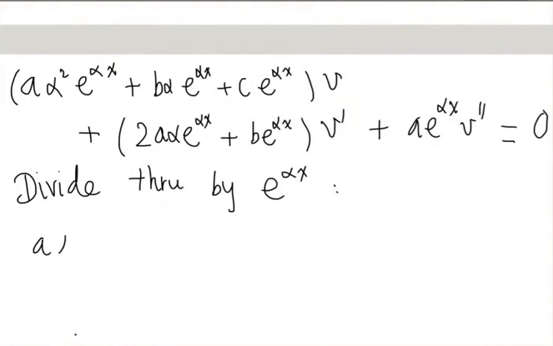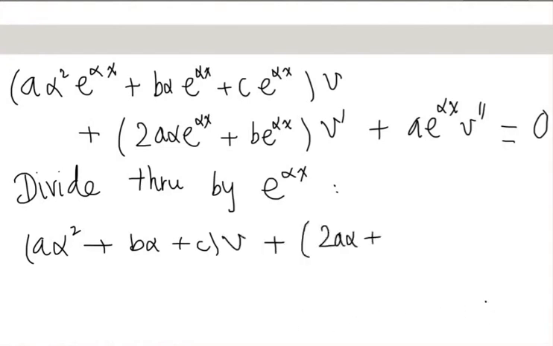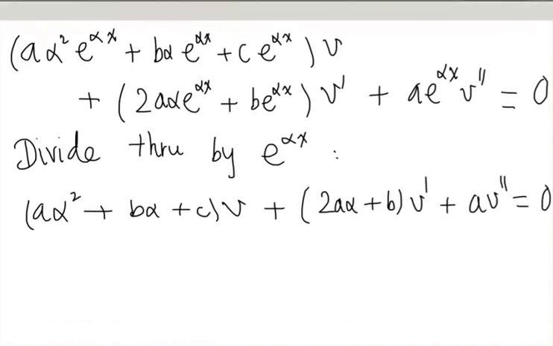We get a alpha squared plus b alpha plus c times v, and then 2a alpha plus b times v prime plus a v double prime equals 0. So now we have a new equation for v. We need to solve this to get what v is.